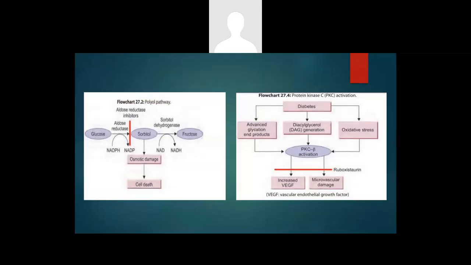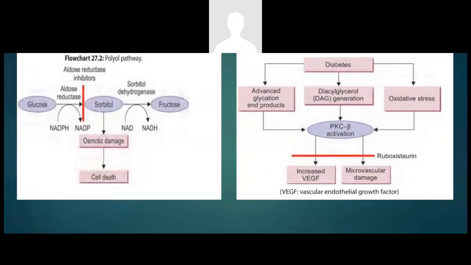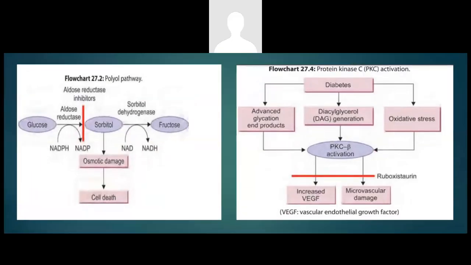Now coming to the polyol pathway, that is the sorbitol pathway. Glucose is converted to sorbitol using an enzyme called aldose reductase, and sorbitol is converted to fructose using sorbitol dehydrogenase. In hyperglycemia, more glucose means more sorbitol is produced, but the enzyme sorbitol dehydrogenase is in very minimal quantity or even absent in the retinal cells.